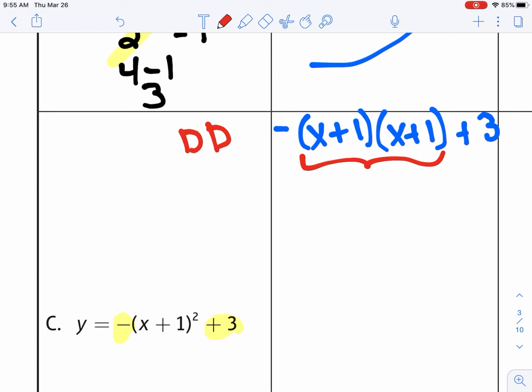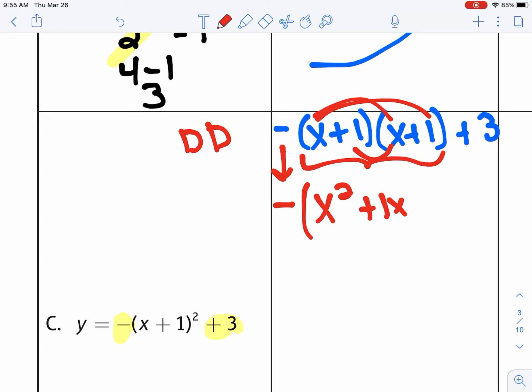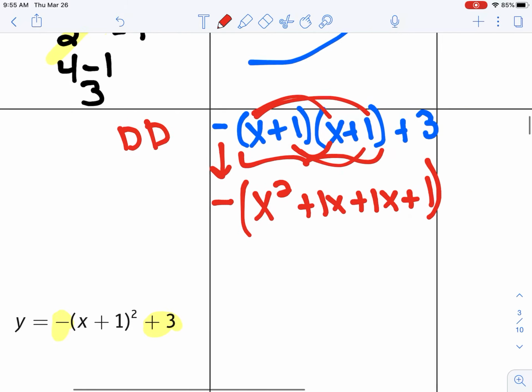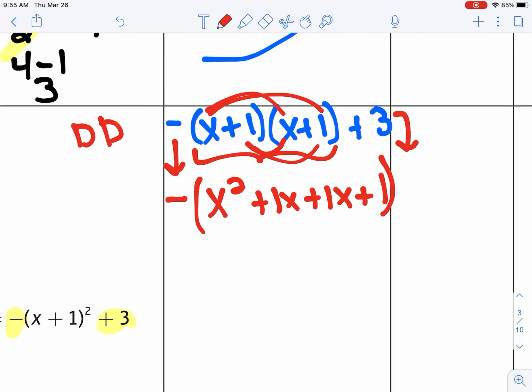So I'm bringing down the negative, and then I get x times x is x squared. x times 1 is a positive 1x. 1 times x is a positive 1x. And then 1 times 1 is a positive 1. And I'm going to close that up and bring down the positive 3.